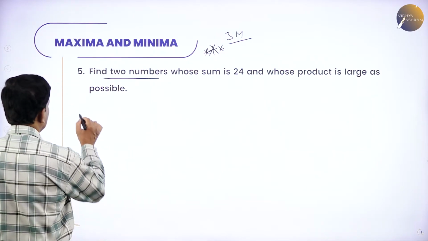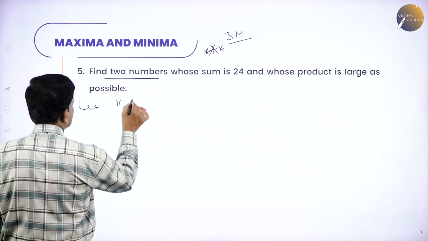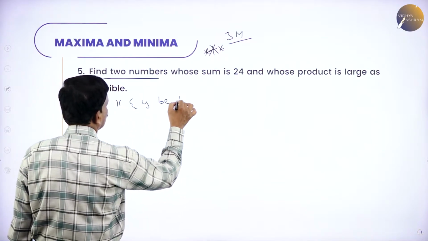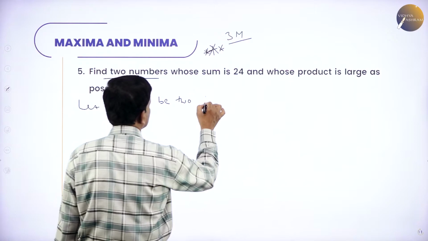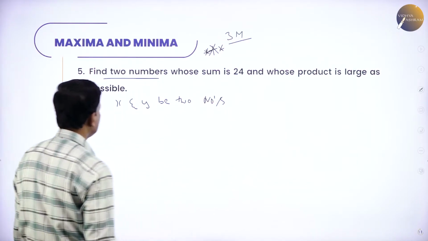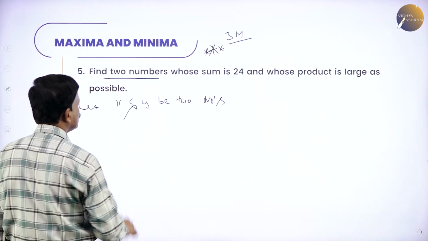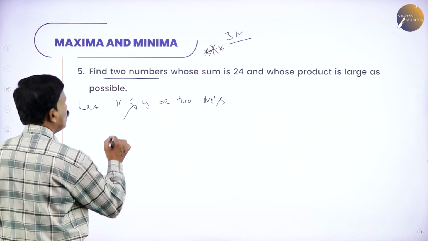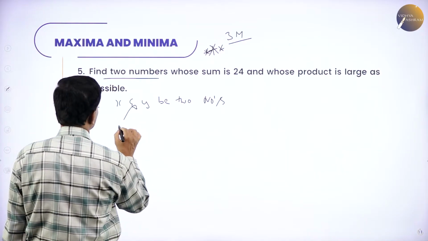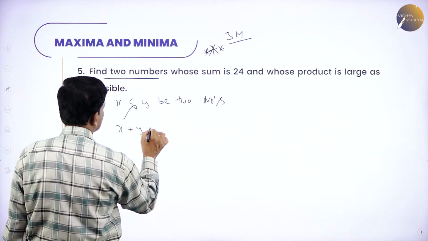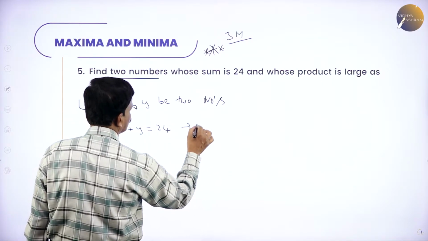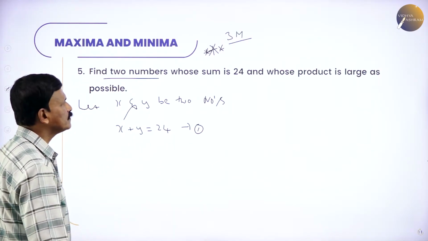Now, let x and y be the two numbers. What is given? The sum is given, x + y = 24.